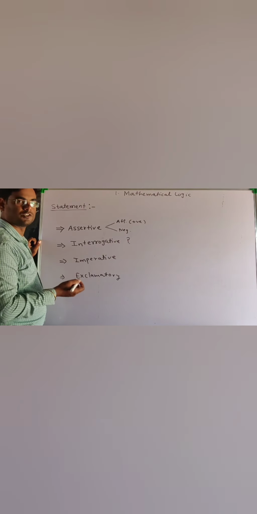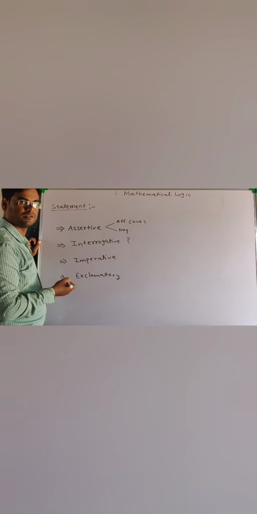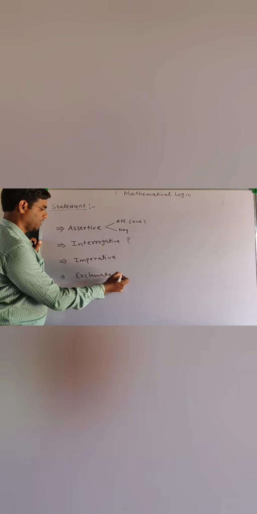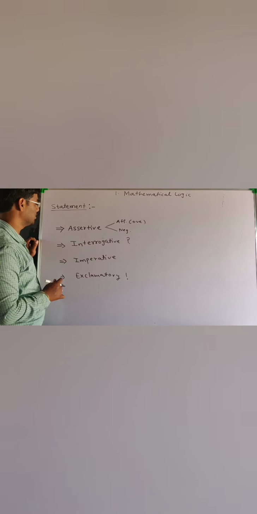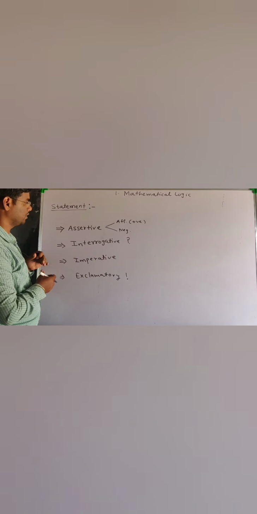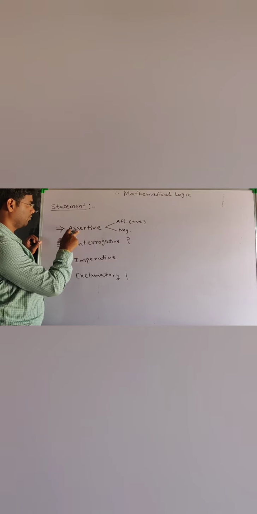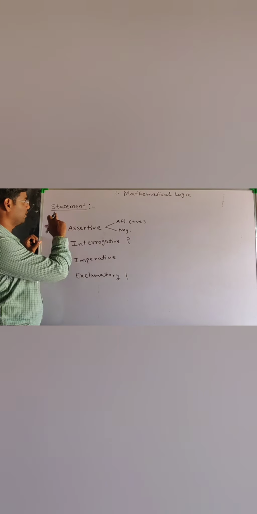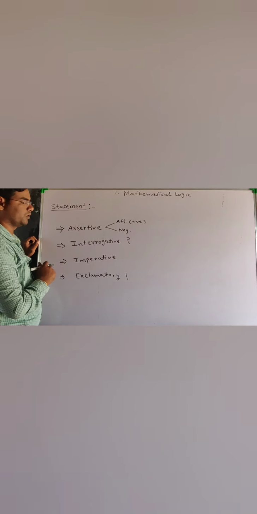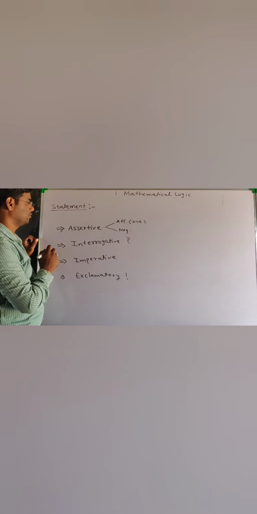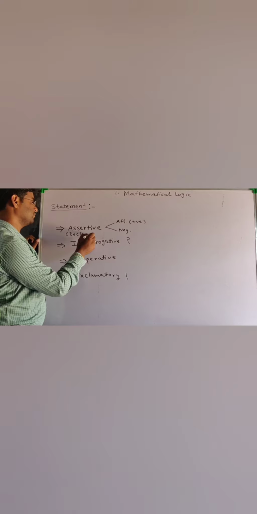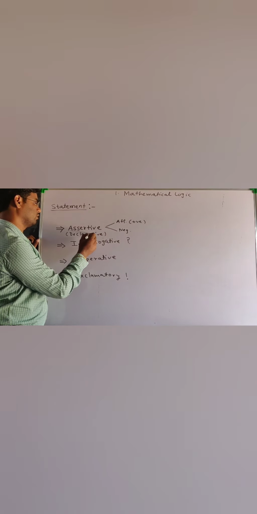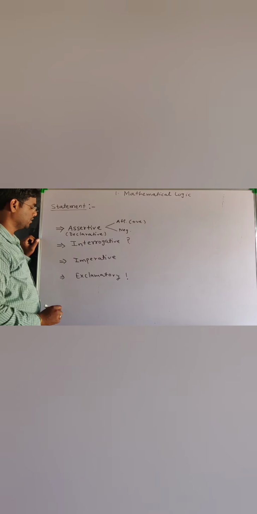Imperative sentence consists of a request, suggestion, advice, etc. In exclamatory sentence there will be an exclamation mark at the end of the sentence. So there are basically 4 types of sentences in English grammar. They are useful to understand the definition of statement. Assertive sentence is also known as what? Declarative sentence.